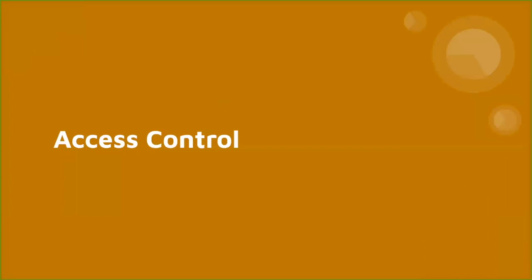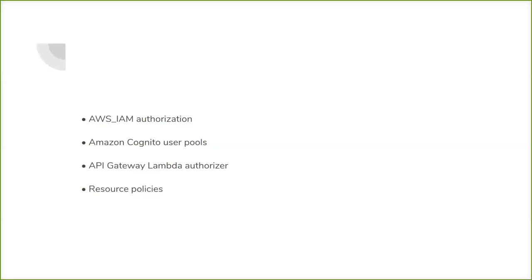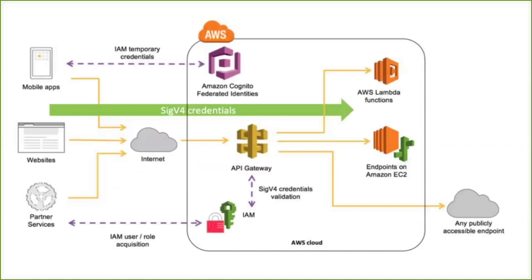So first we'll look at the access control. So when it comes to access control, there are four different ways that we can use. One is the IAM authorization. Next one is Cognito user pools. And then we can use custom authorizers on API Gateway, Lambda authorizers, and we can make use of resource policies. So always you have AWS credentials.